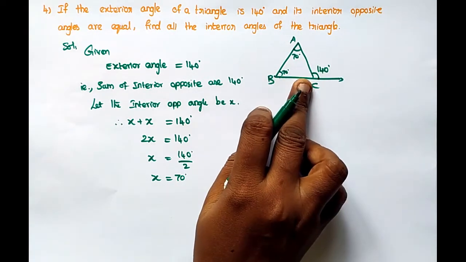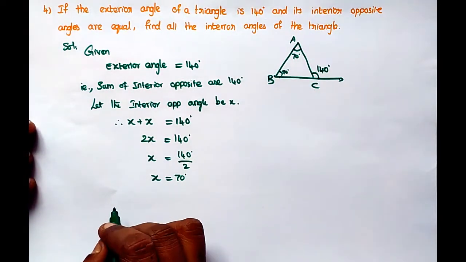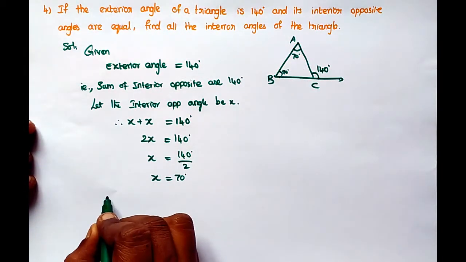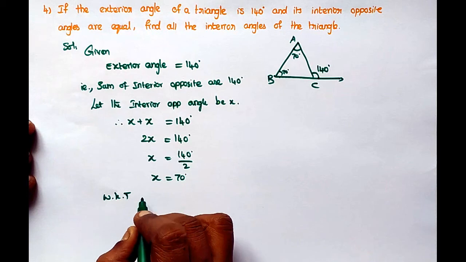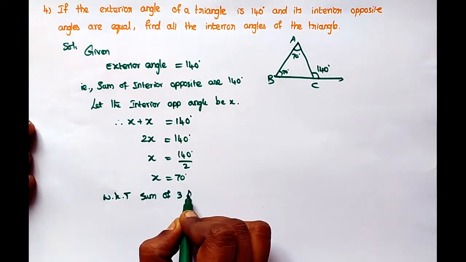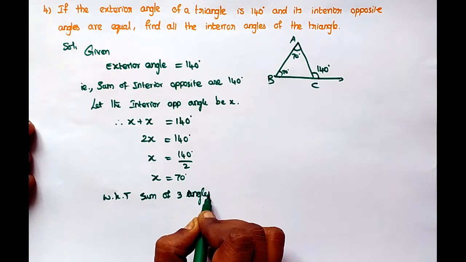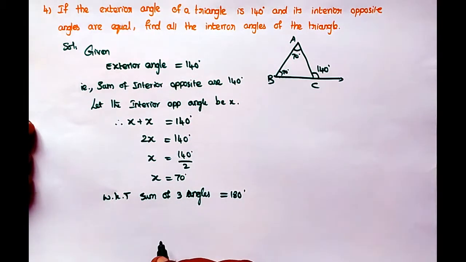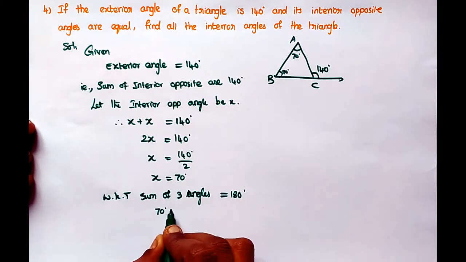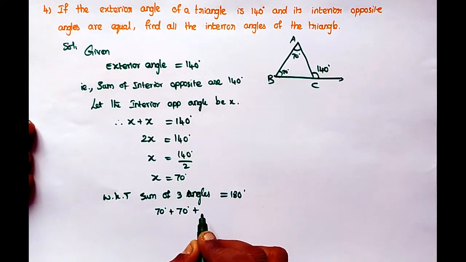What is the third angle? So two angles we know. Sum of three angles equals 180 degrees. What are the angles? 70 degrees plus 70 degrees plus the third angle, which we don't know, equals 180 degrees.